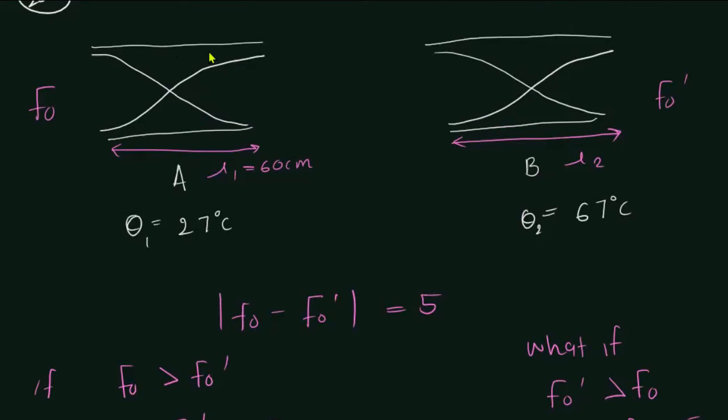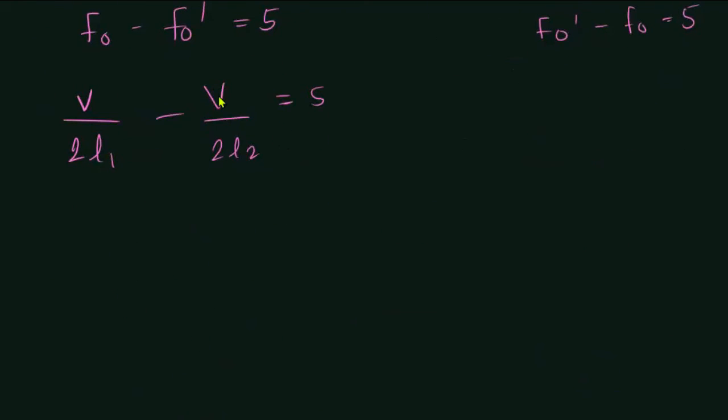So the velocity of sound in air here is v1, and here it is v2. We have an equation for the velocity of sound in air: v is equal to root of gamma R T over capital M. Therefore, velocity is directly proportional to the root of the temperature. We now need to find the velocity.